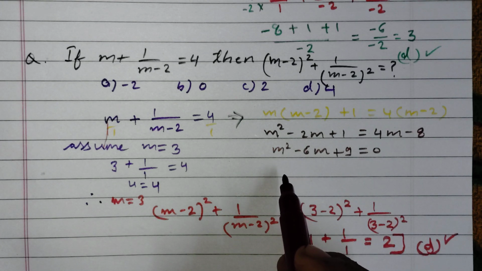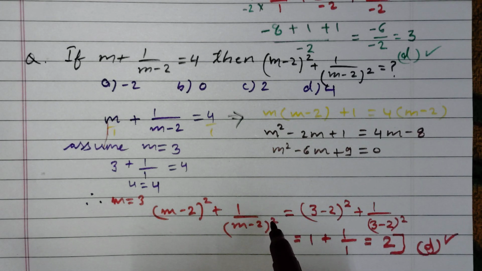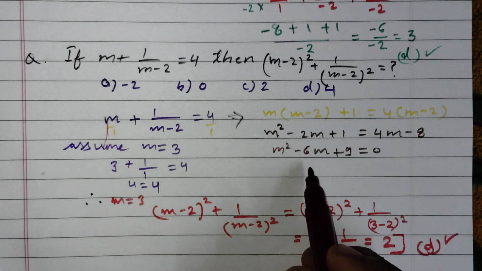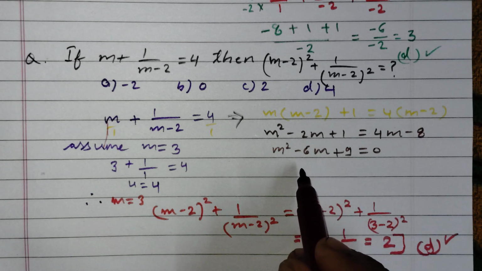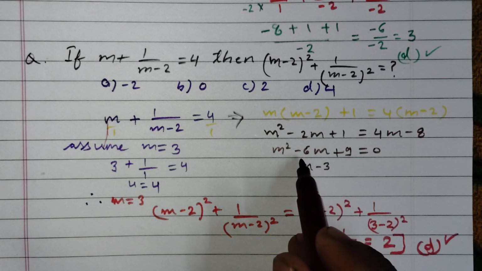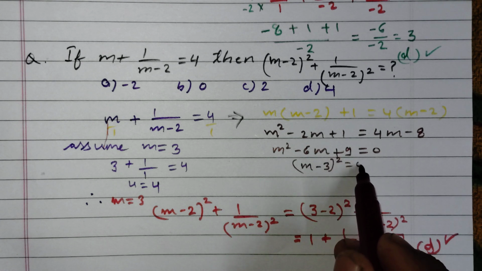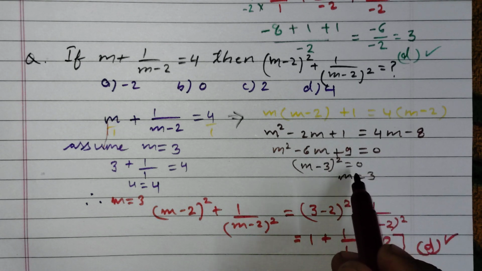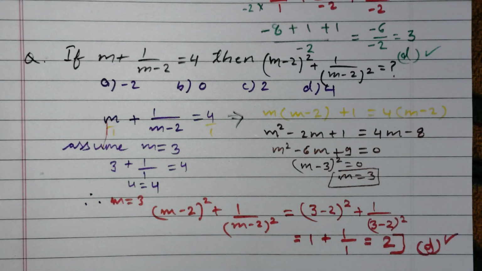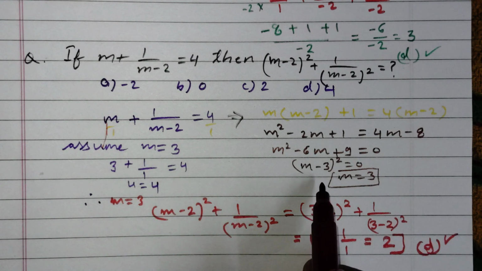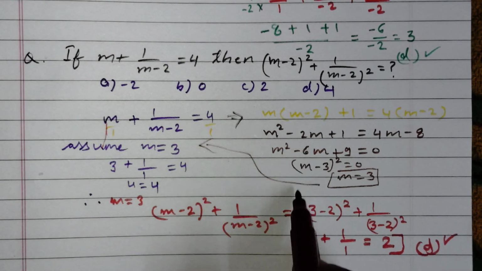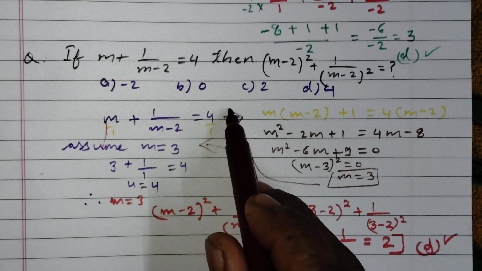Factorizing this equation, m square minus 6m plus 9 equal to 0, it is nothing but the m minus 3 whole square formula. So it gives us m equal to 3 value. And if we do not assume, then this method we can apply.